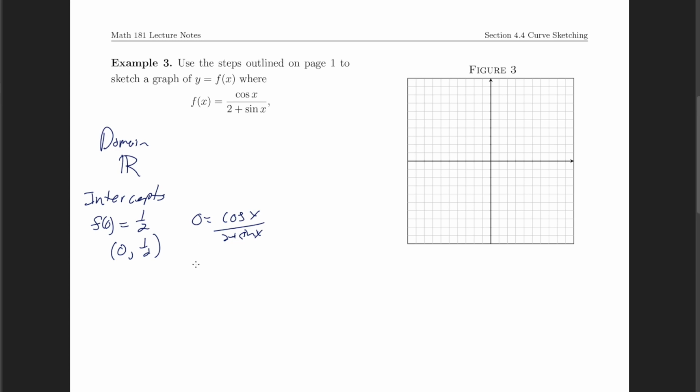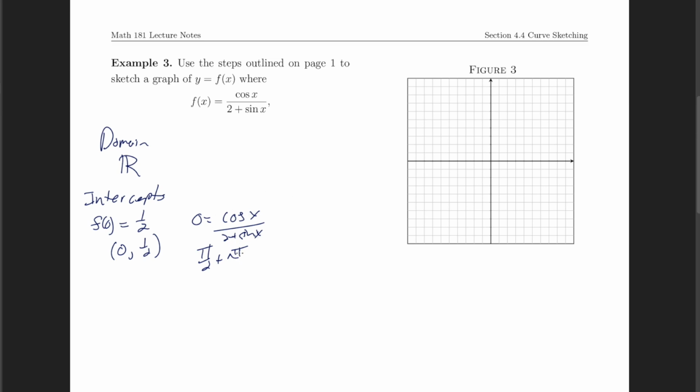And so cosine is 0 at pi over 2, and so here we have pi over 2 plus pi n, so at every pi this is 0.